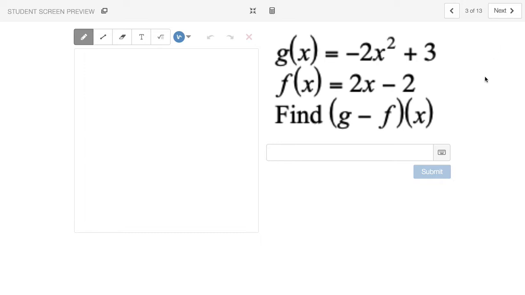Okay, so we have g of x equals negative 2x squared plus 3, f of x equals 2x minus 2. Find g minus f of x. So again, all that means is g of x minus f of x.